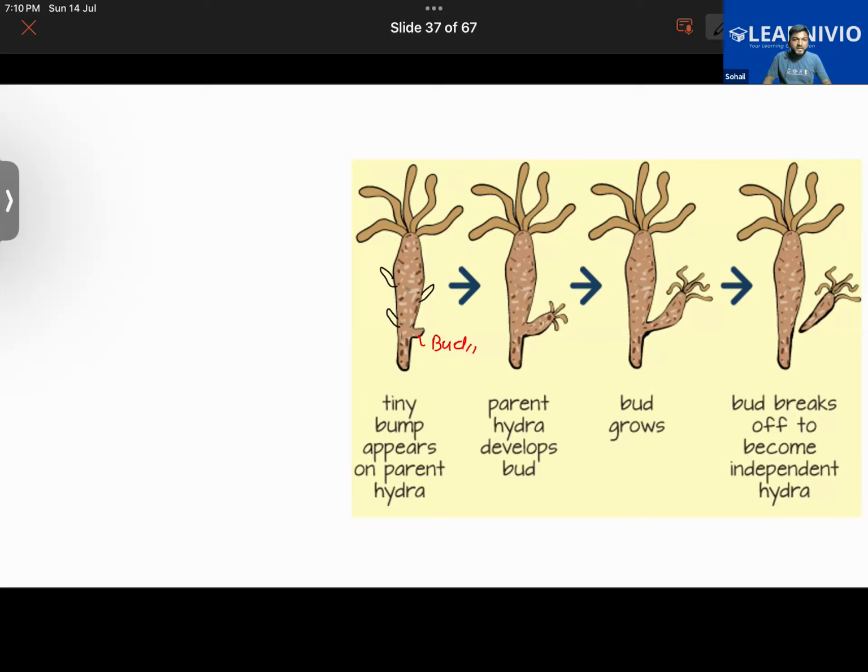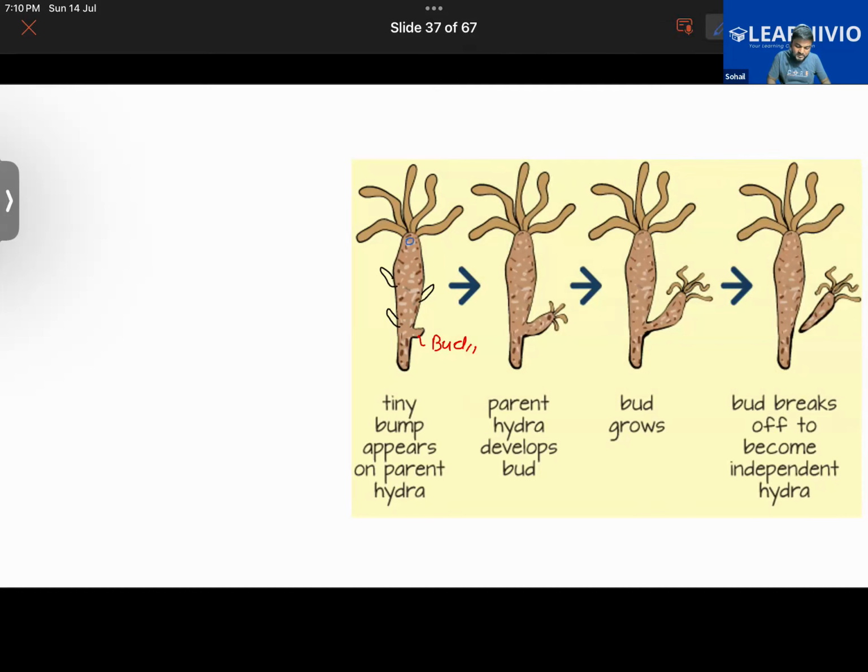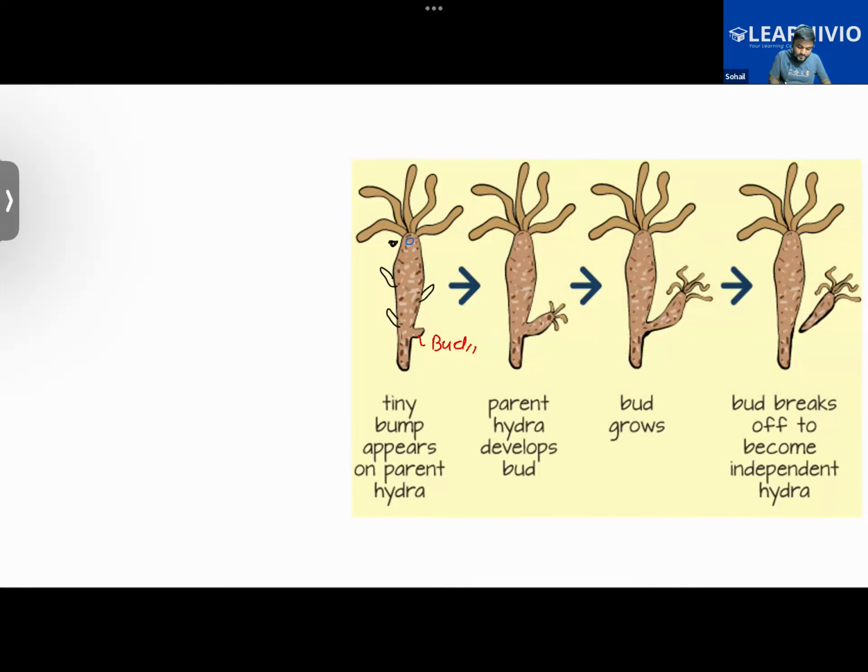By the way, these structures that you see on the top of the body of the hydra are called tentacles. These tentacles are extensions coming out of the body, and they are present around the mouth. This over here is the mouth of the hydra. Tentacles help it to grasp the food, and they can range from 1 to around 12 in number.